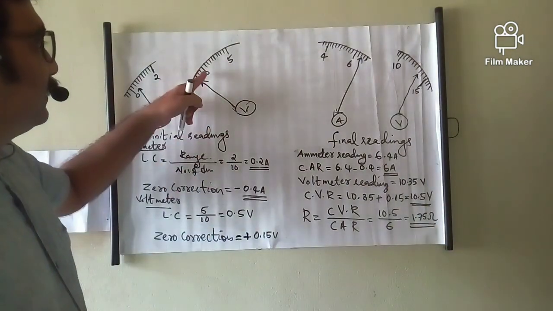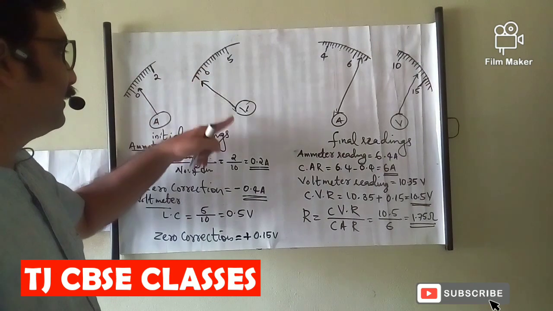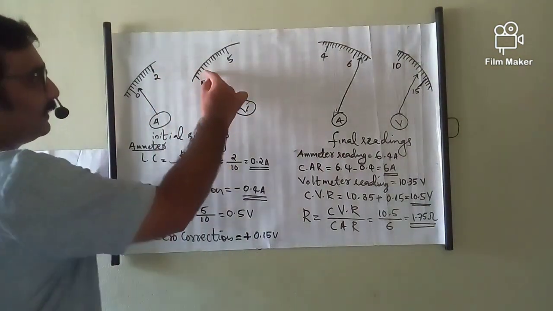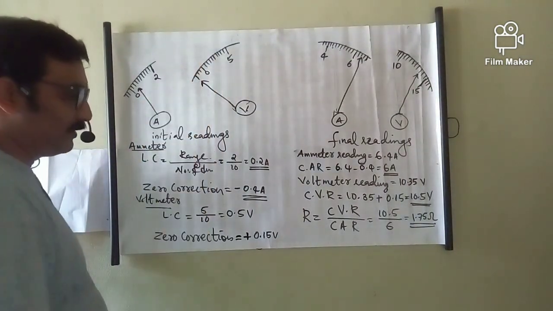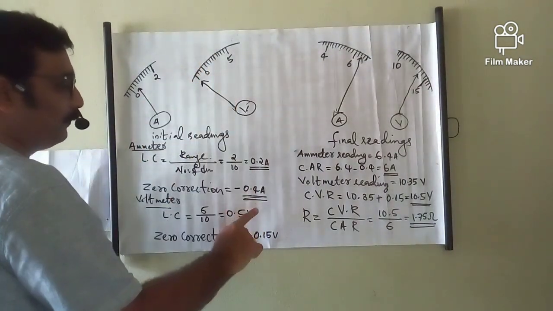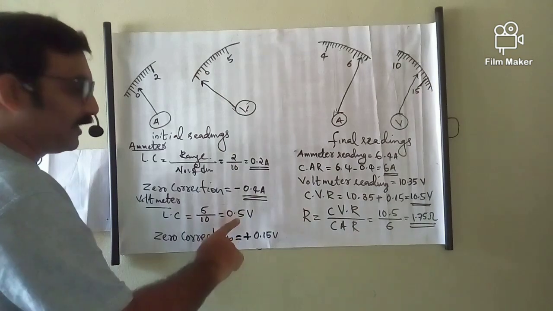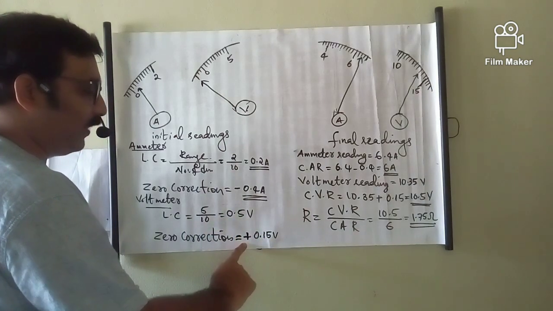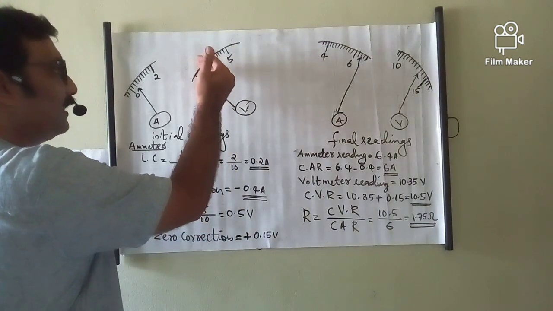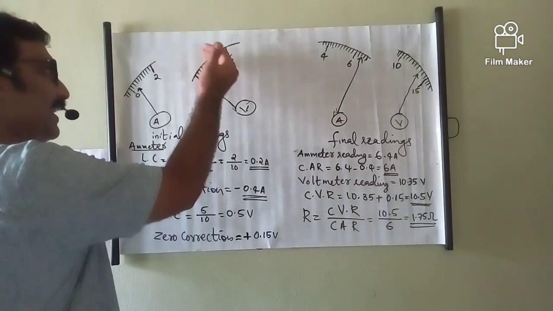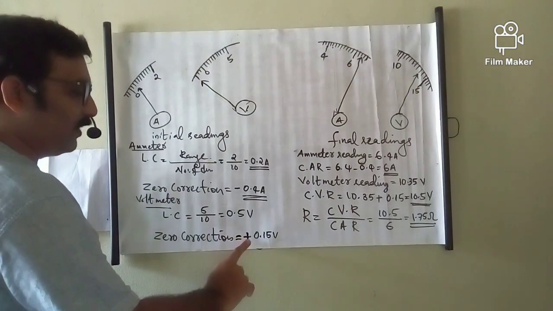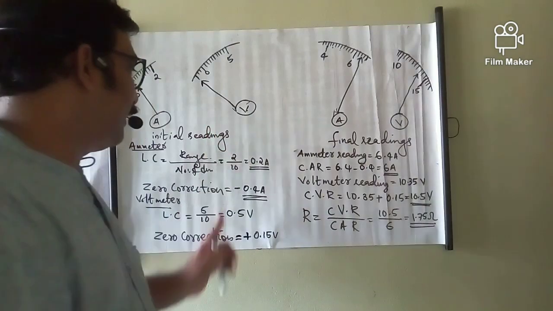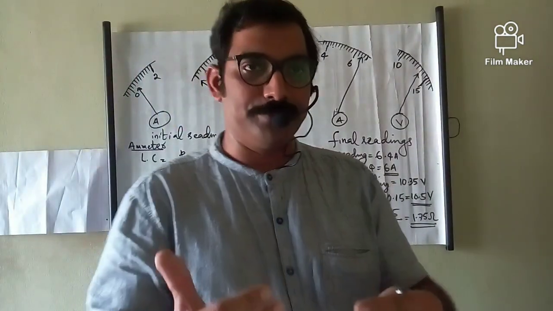Here the needle is below zero, by 3 divisions. So 3 into 0.5 is 0.15. It is plus because the needle is less than zero, so the zero correction is plus 0.15 volt. The initial stage is over.